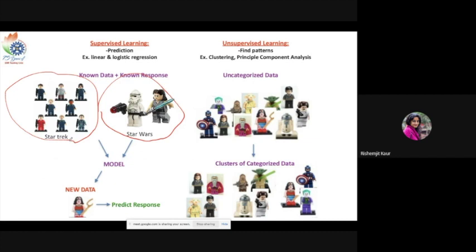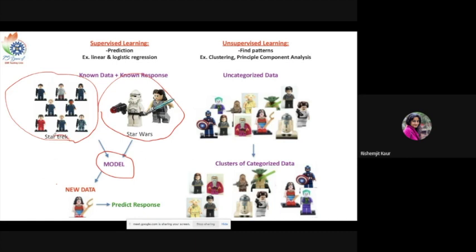On the basis of this information, we build our model, we train our model, and then when new data comes, we try to predict whether it will be a Star Trek or a Star Wars character. Now, this is a very clear example of supervised learning where we had the output label as well.